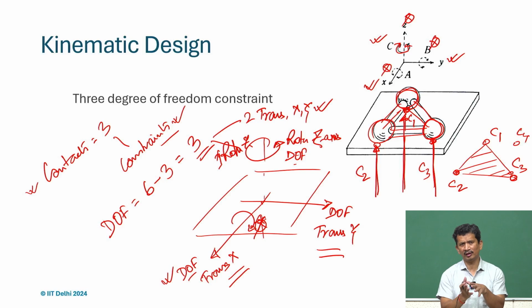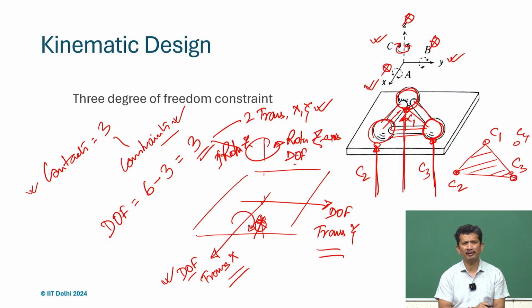If we understand the contacts and constraints and how they provide the suitable constraint, then we realize putting one extra constraint is always a costly affair.